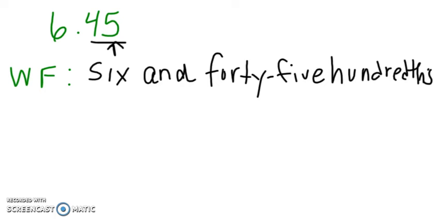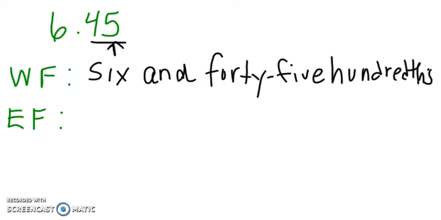Okay, the other thing that you would need to do is to write this in expanded form. Again, I'm abbreviating here. To write this in expanded form, you can use your place value chart to help you, but you're just going to pull out each digit and multiply it by the place value it's in.